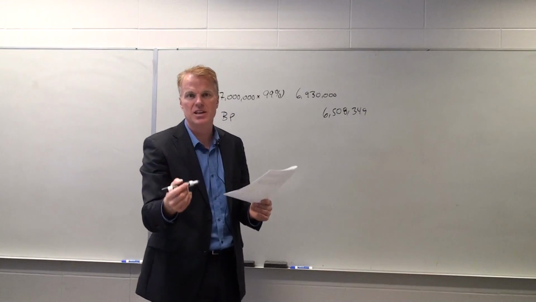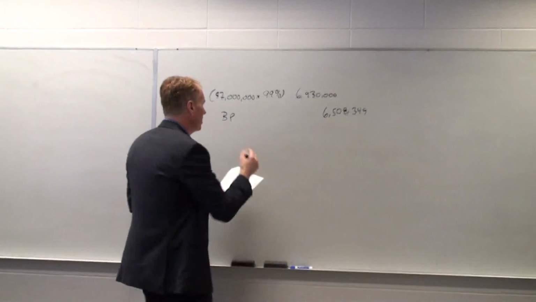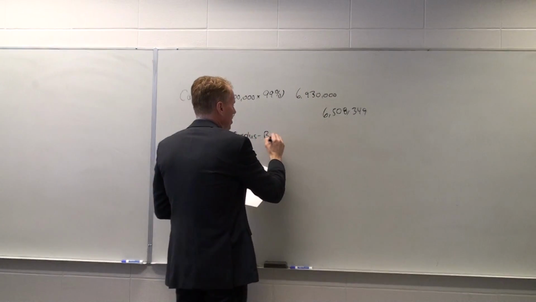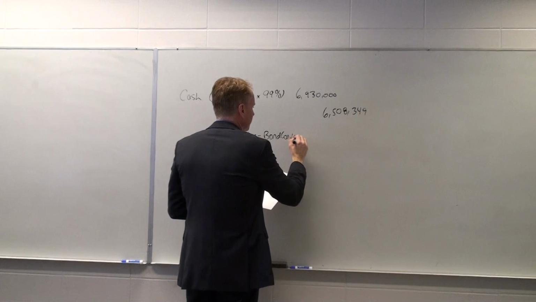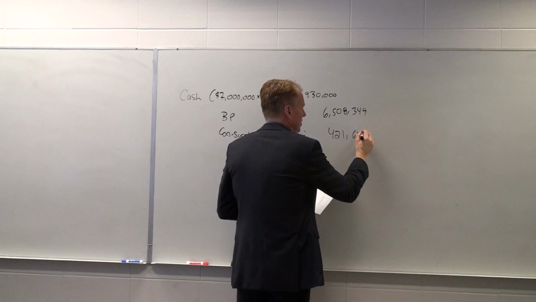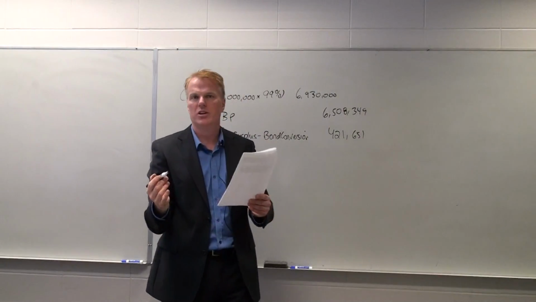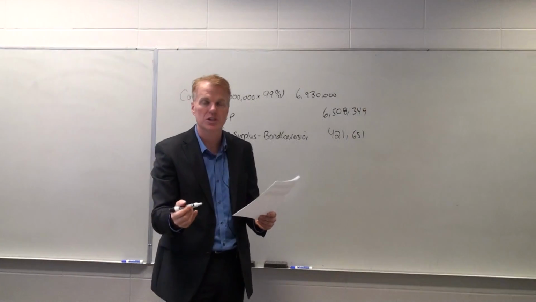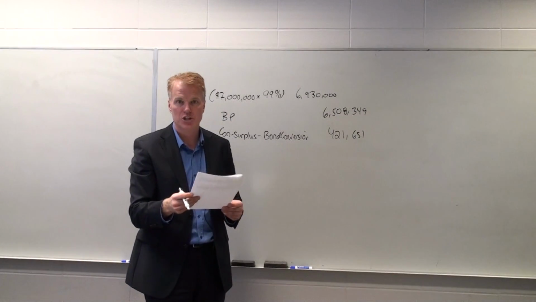We create and put that into a contributed surplus account. So contributed surplus, bond conversion, the difference, 421,651. So that's the amount we can attribute to the ability for these bondholders to convert into common shares.